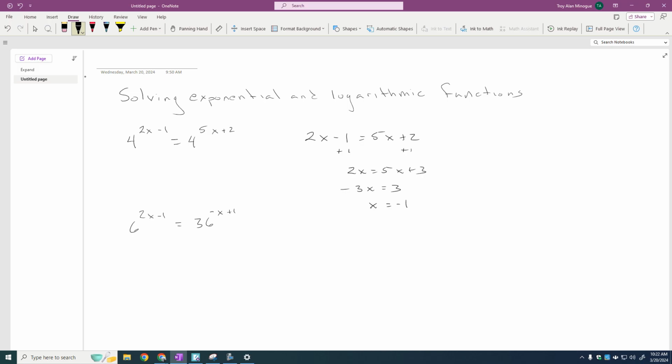I've squared this side, but done nothing to this side. So what I'm going to do is I'm going to change the 36 into a 6. 36 is 6 squared. I have not changed the value of 36. If I square this side to make the 6 a 36, I've changed its value. Okay, so now the 36 is being raised to a negative x plus 1 power.